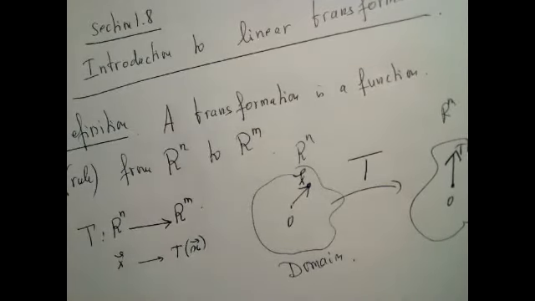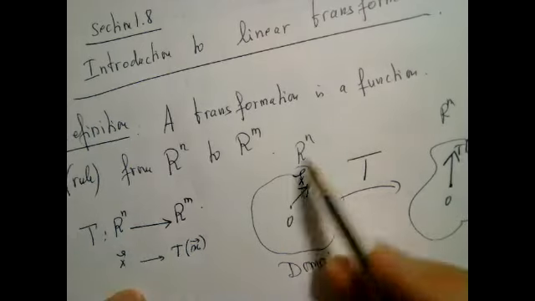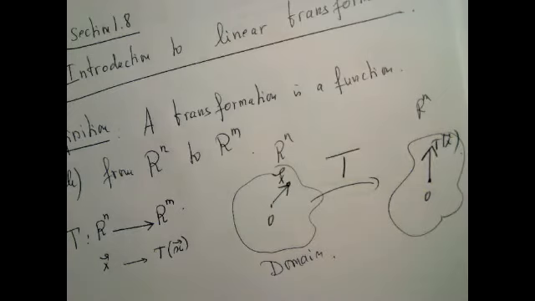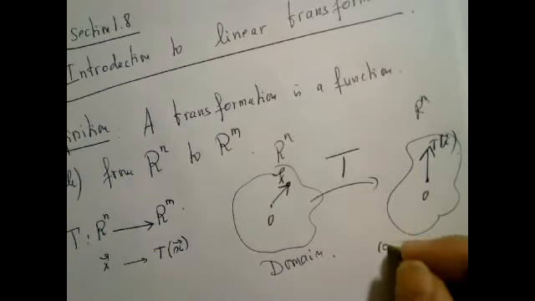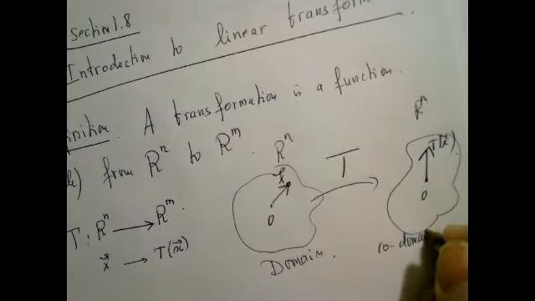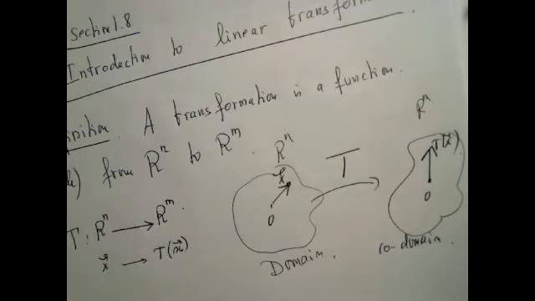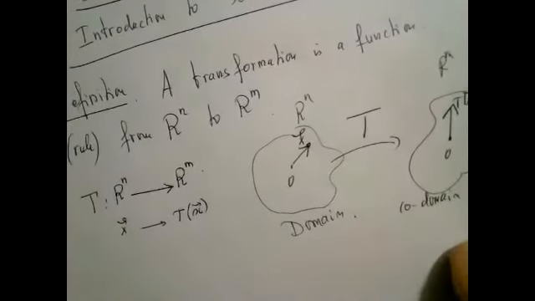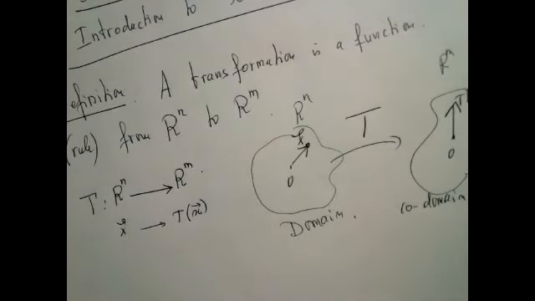So our transformation will have an output for every X in Rn, and where the function takes its values, we call the codomain. That's the codomain. Now, a little bit of terminology that is used in every math book usually.